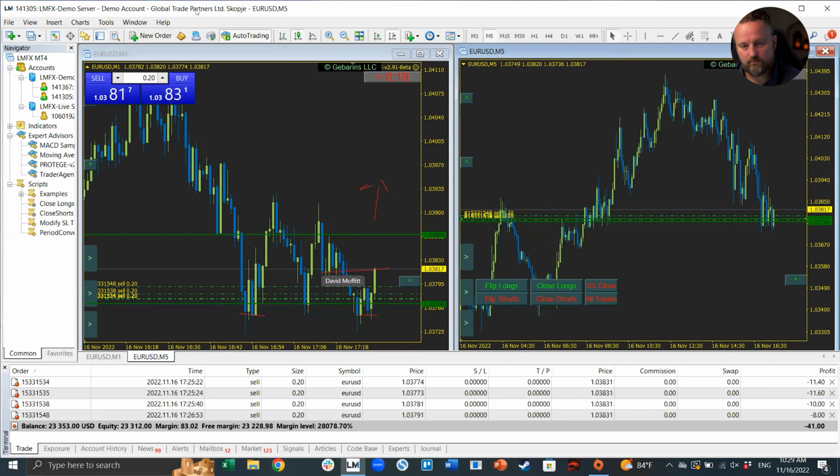If it breaks this, we're going to see it come all the way up to here, or it's going to come down and test again. If it tests again, you could get that break. But the key thing here was, if you would have X'd out of here on the stall right here, you would not be in these trades. And you would be stacking on up here. That makes sense? Yeah.